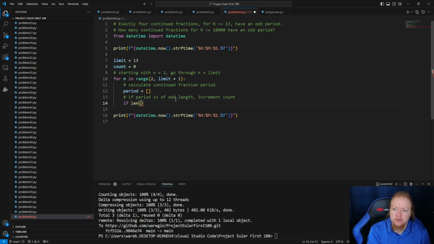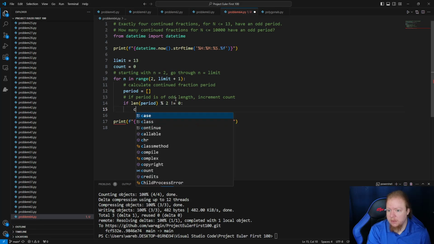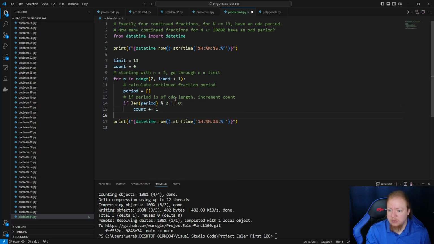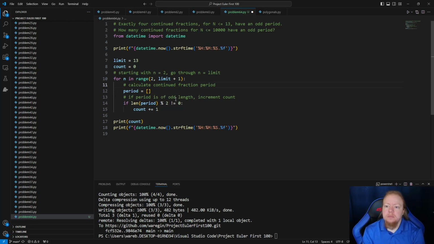This is just if the length of the period mod 2 does not equal 0, then count plus equals 1, print count. So I'm starting with 13 for a reason, and that is to try to make sure that I'm getting the correct answer.